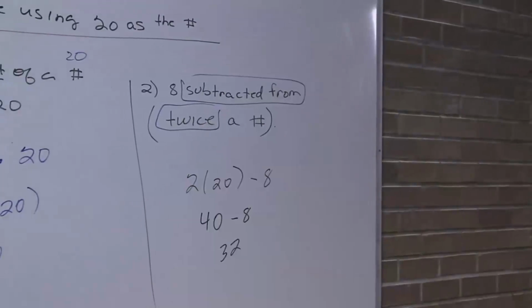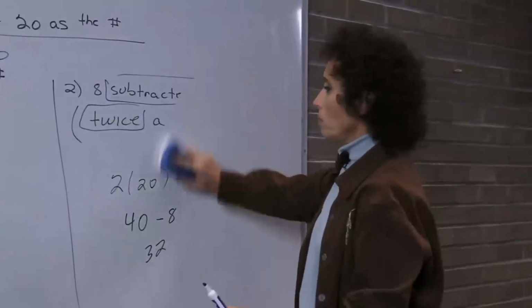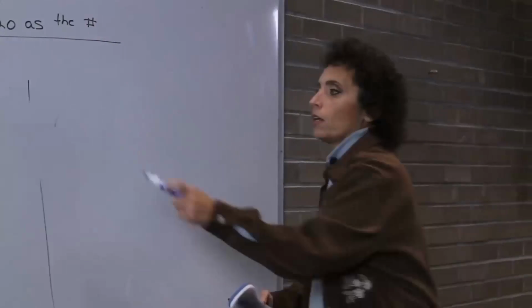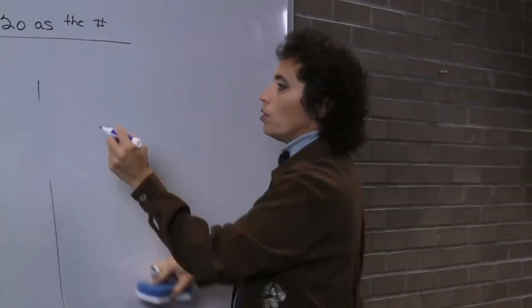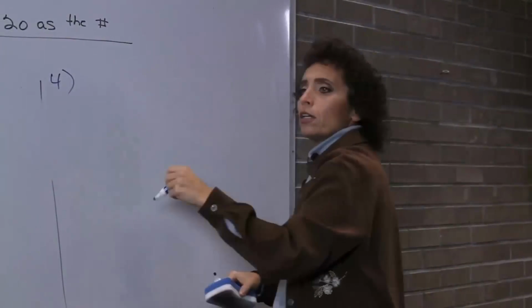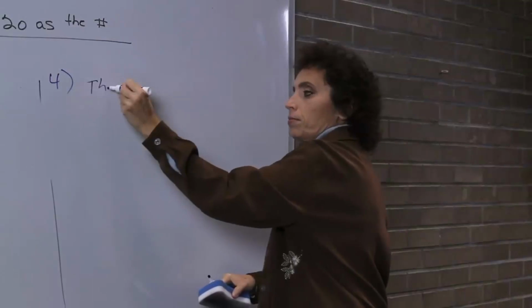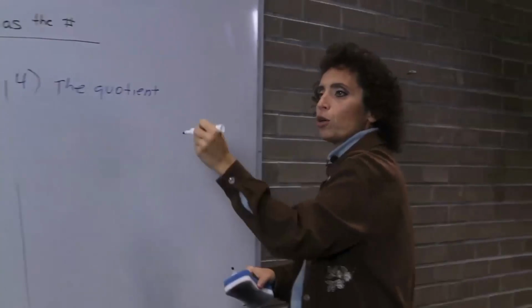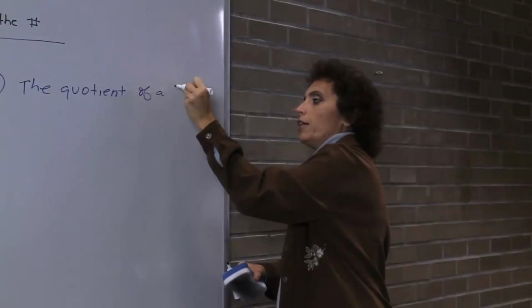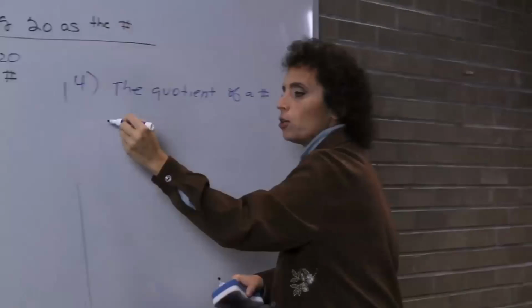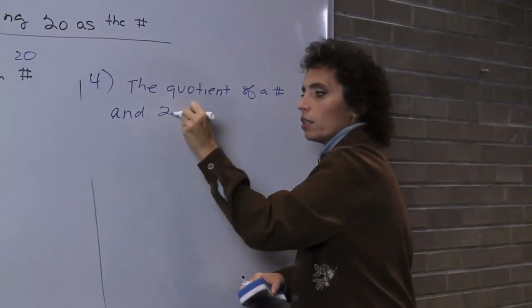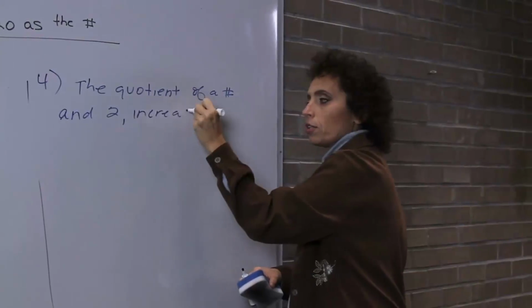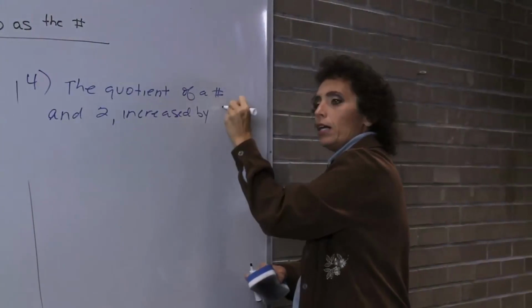Number 4. Number 4 says the quotient of a number and 2, comma, that comma is important, we'll talk about that, increased by 5.